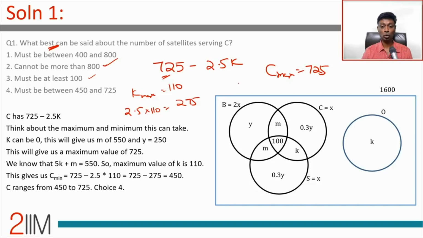So C minimum is 725 minus 275, which is 450. Or the minimum value C can take is 450, maximum is 725. This is very appropriate. Remember, these are all true, but these are not the best that can be said about C. So don't just look at a choice, evaluate whether it is true or not, and mark the answer. This is the best description of the number of satellites serving C.